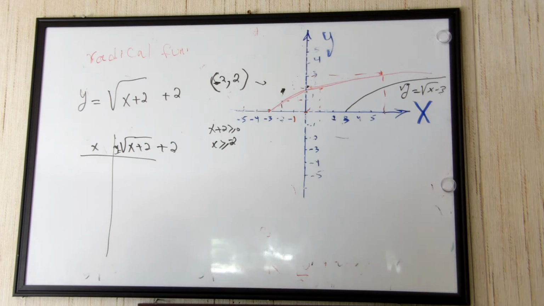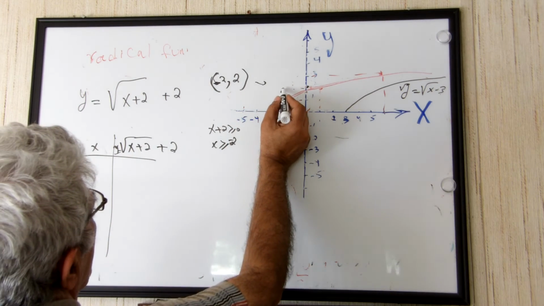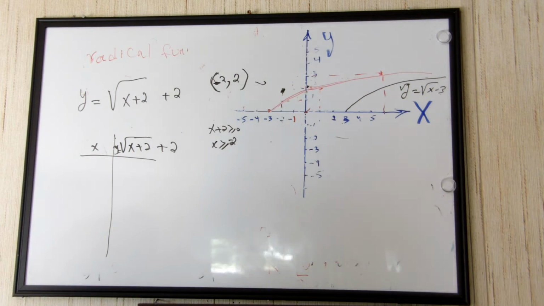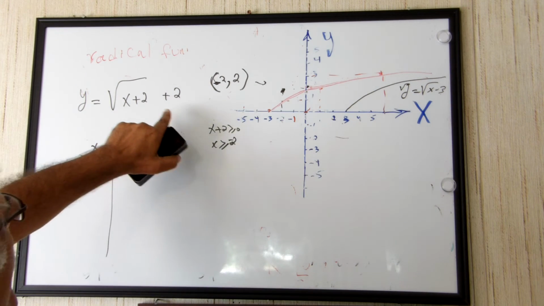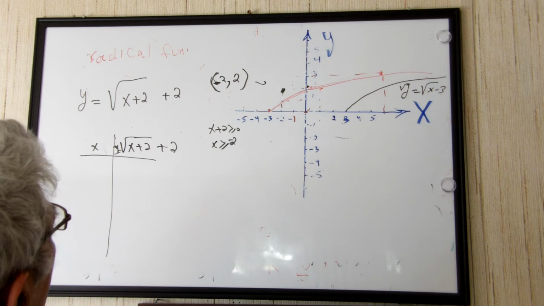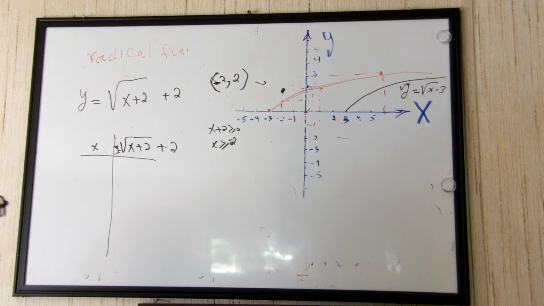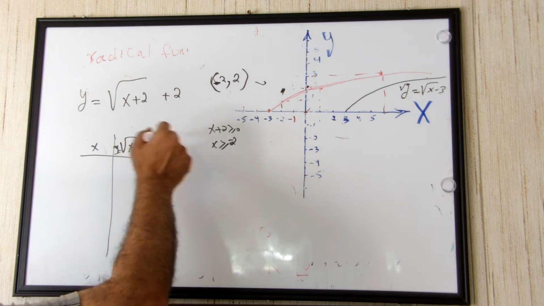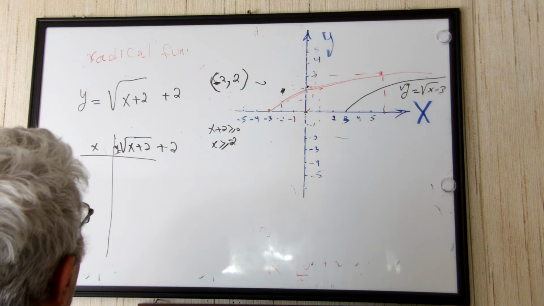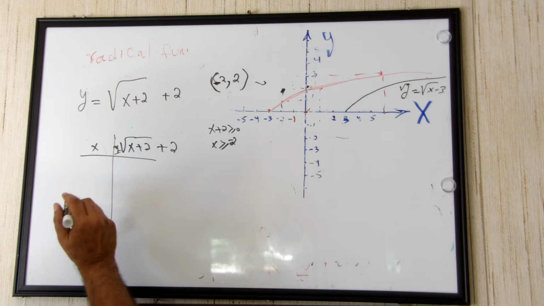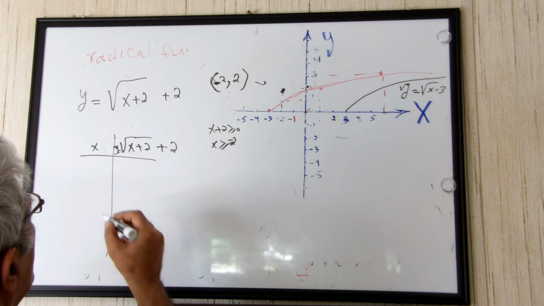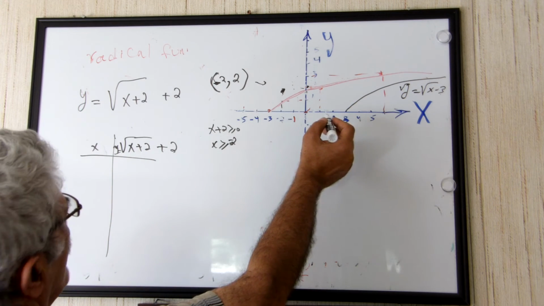So we know that the first point is going to start from here. We will talk more later about other functions similar to this. So let's find points, say x is equal to whatever.